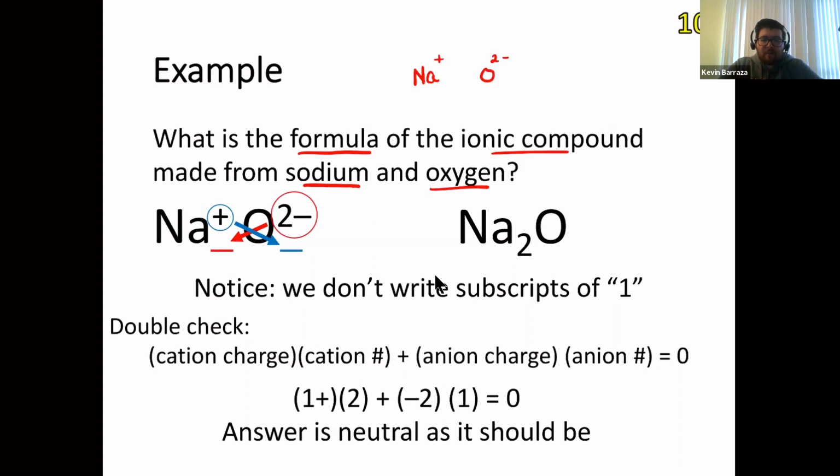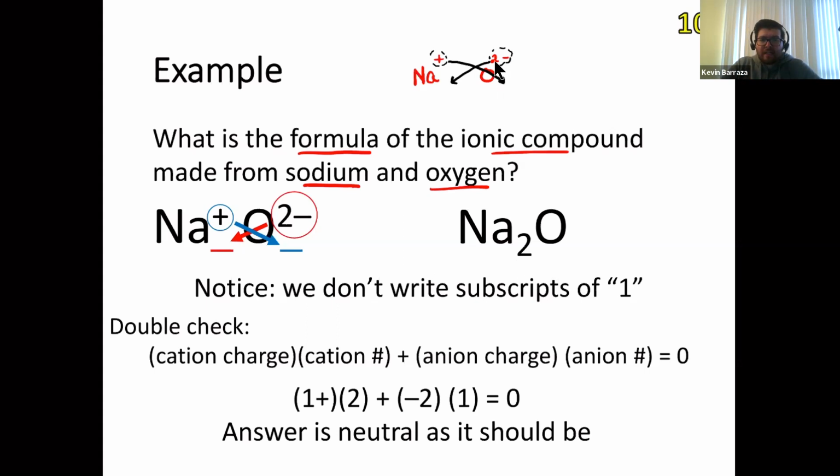So the easiest way to figure out the lowest ratio is what I call the crisscross method. We take the numbers at the top and we cross them. The 2 comes down here, the 1 comes down here. If those numbers that we moved have a common factor, empirical formula, we should reduce them. 2 and 1 are fine as is.